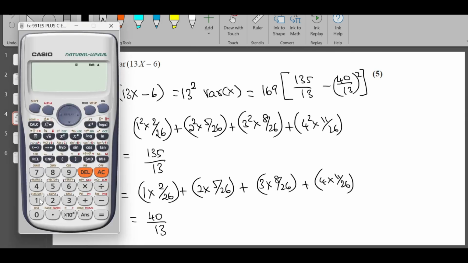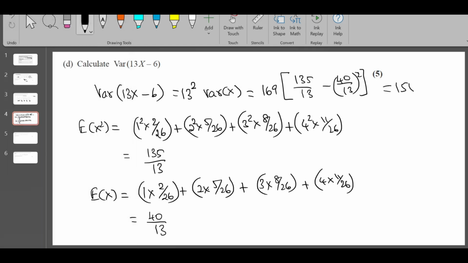So you're going to get 169 times 135 over 13 minus, open the bracket, 40 over 13, the whole square, and close the bracket. 155 is the answer. That's all.